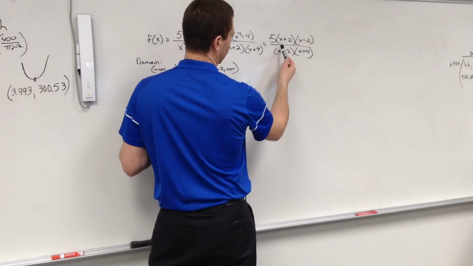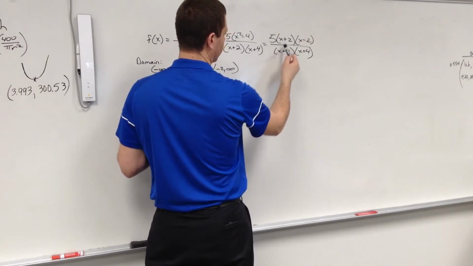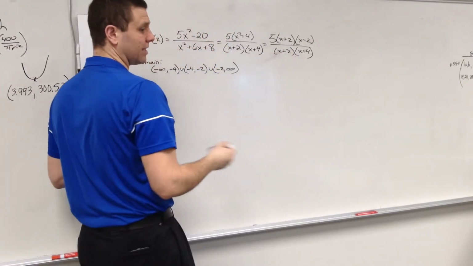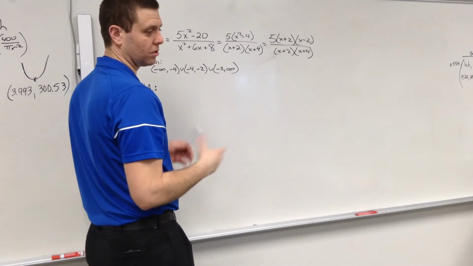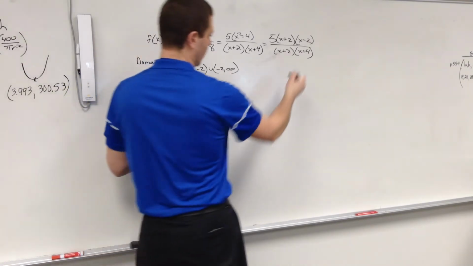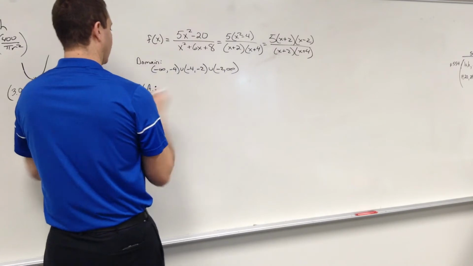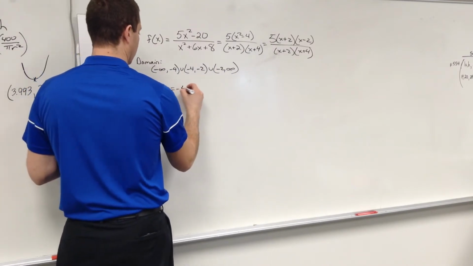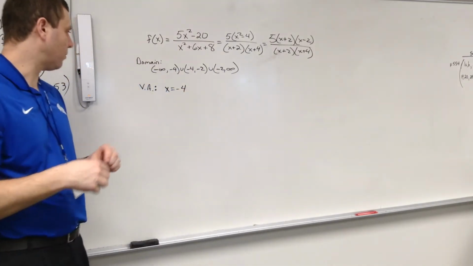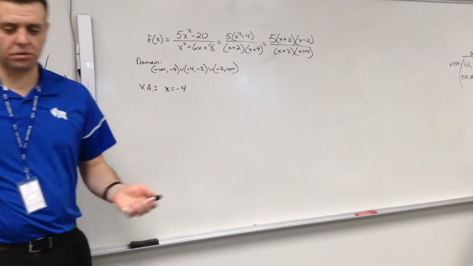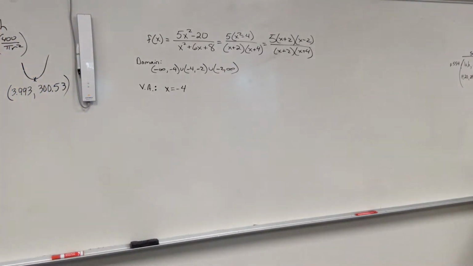Now here, negative 2 makes both the top and the bottom equal 0. That's not going to be a vertical asymptote, because those are essentially going to cancel out. At negative 4, I'm going to have a vertical asymptote. So you might want to write that down. How do you know where vertical asymptotes occur? Vertical asymptotes occur at whatever x values make only the denominator equal 0.